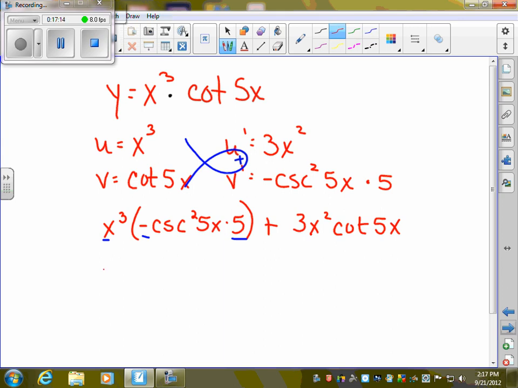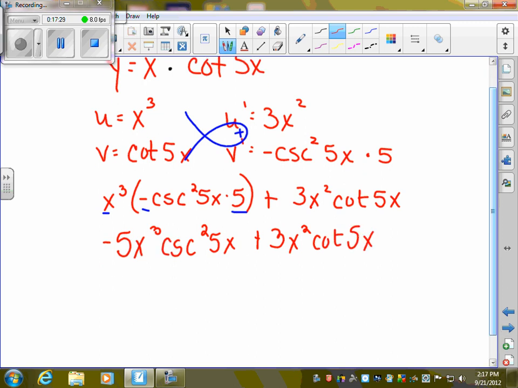So I have negative 5x cubed cosecant squared 5x plus 3x squared cotangent 5x. Now I can look and see that I've got some factoring I might possibly be able to do. So we've got an x squared and an x cubed. So I could definitely take out an x squared.